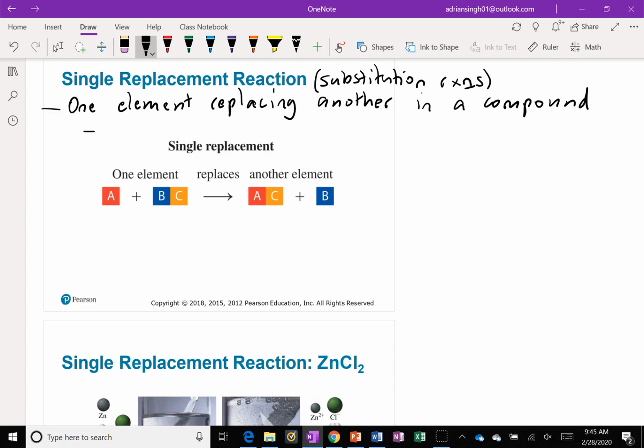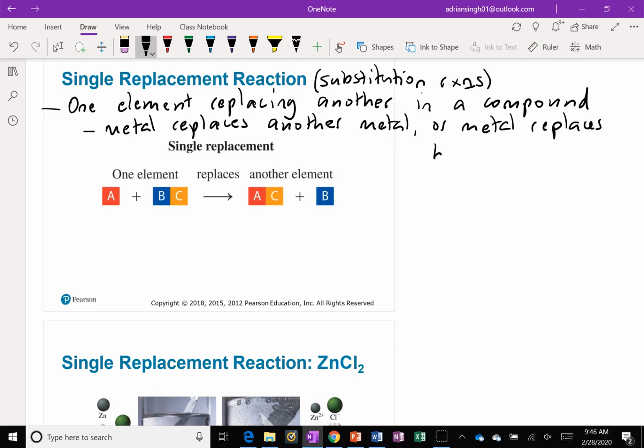And typically what we're going to see are either a metal replaces another metal, or a metal replaces hydrogen. Right, so for example, and again, think of it as a substitute or substitution reaction.